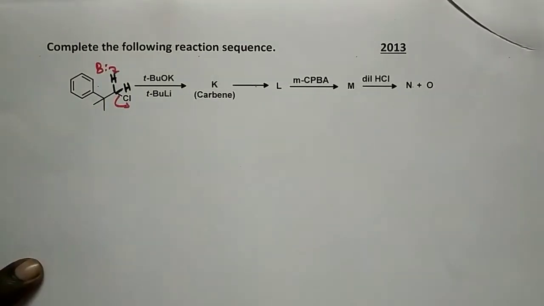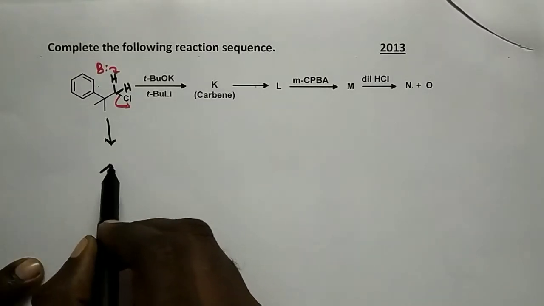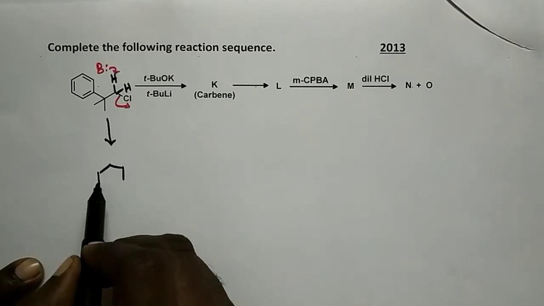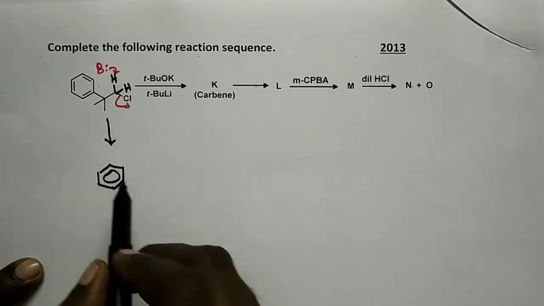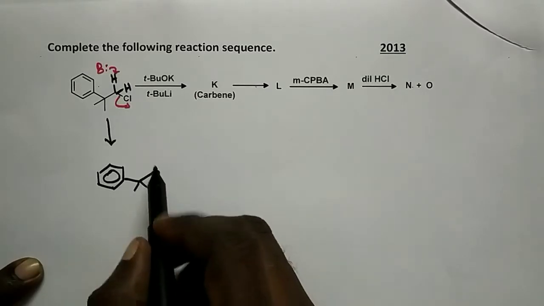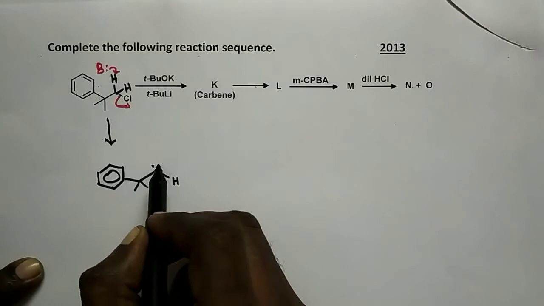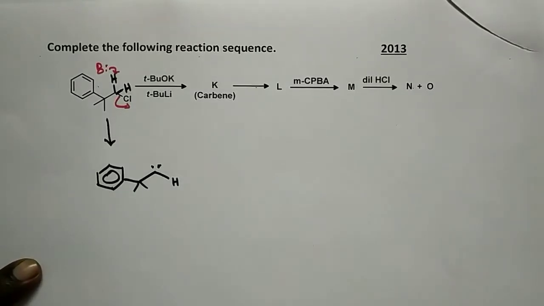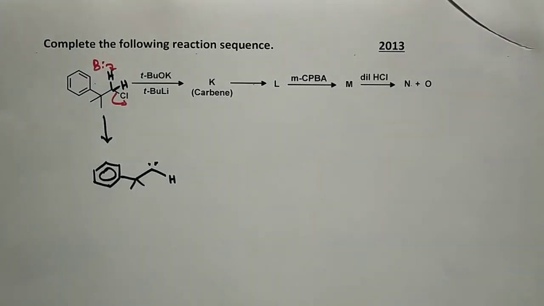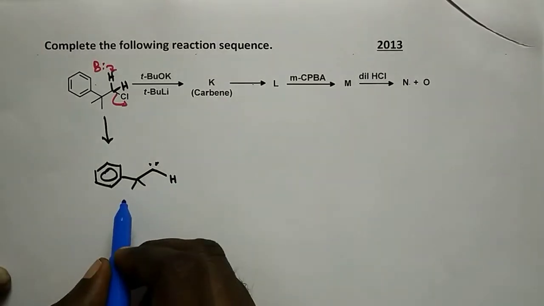So you will get a carbene. Here in the bracket itself it is mentioned that you get a carbene. So this is product K.